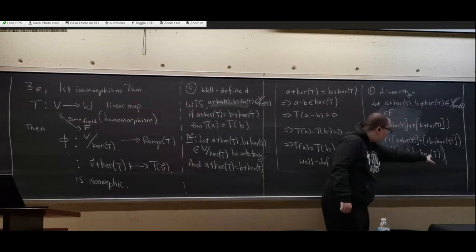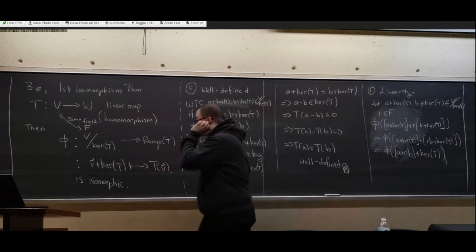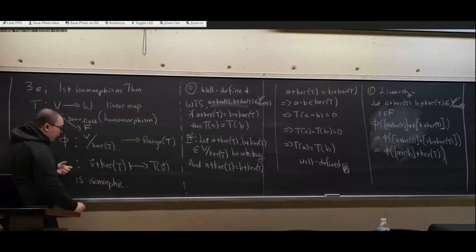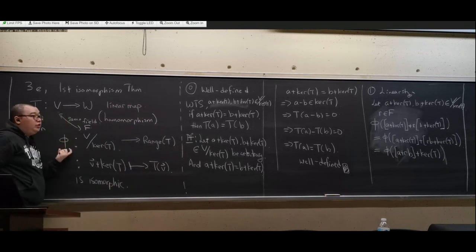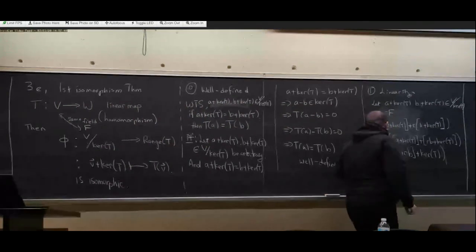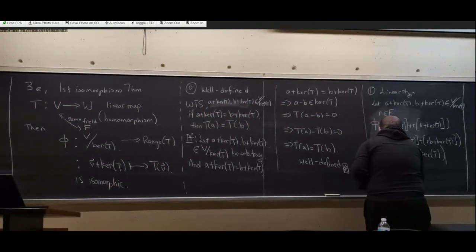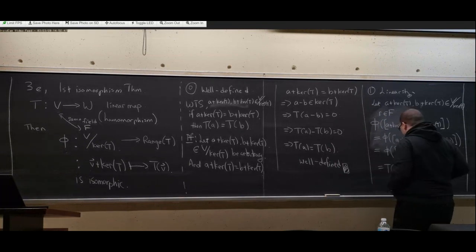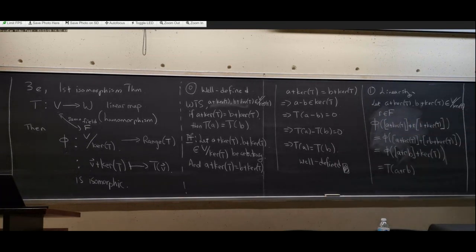Now, what is phi of this? Well, phi of V plus kernel of T is just T of V. So all I did is I take the representative and I slap it in T. That's all I do for phi. So in this case, it's the same. I'm going to take the representative, I'm going to slap it in T. So this equals to T of A plus RB, which we know equals to T of A plus R T of B. Because again, T is linear.